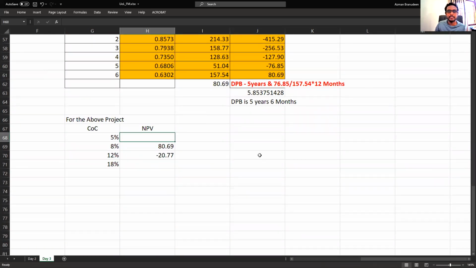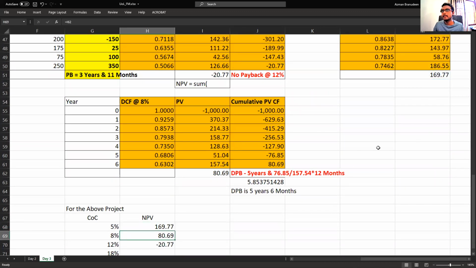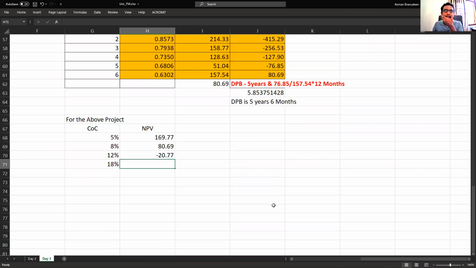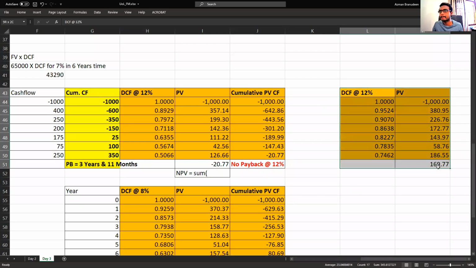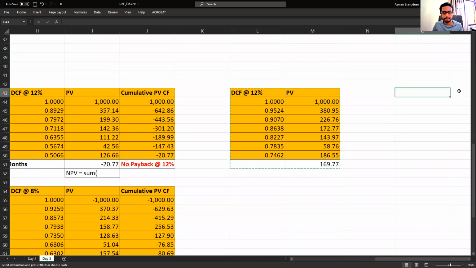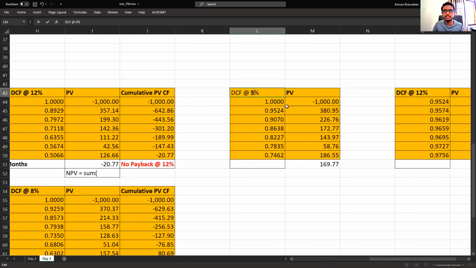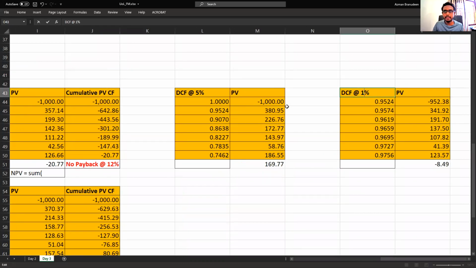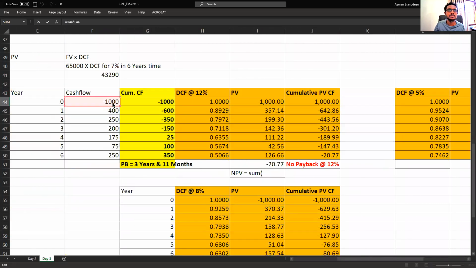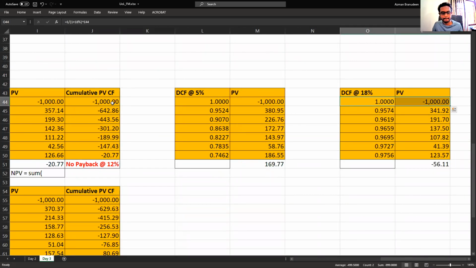Okay, 169.77. 18%. So this is at 5%. Let me calculate for 18%. So I have to make this 18 and it was E, right? And this I have to make it, the cash flow was here. Okay, all right. Minus 144.